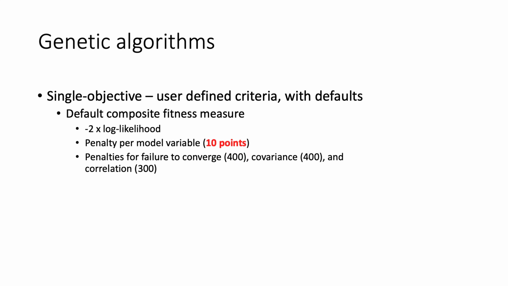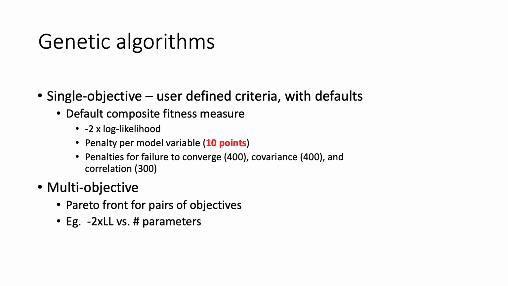So that was the core of this fitness function, adding a default penalty per model variable of 10 points and a penalty for failure to converge of 400 points, covariance of 400 points, and correlation of 400 points. And those were chosen arbitrarily, right? Because we like models to converge. We'd like there to be a covariance step, and we'd like there to be a correlation, but these could be customized.